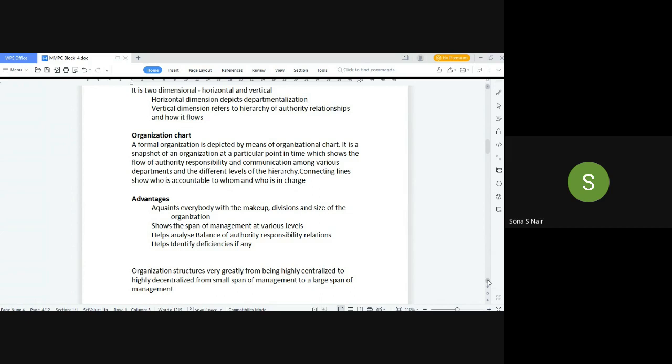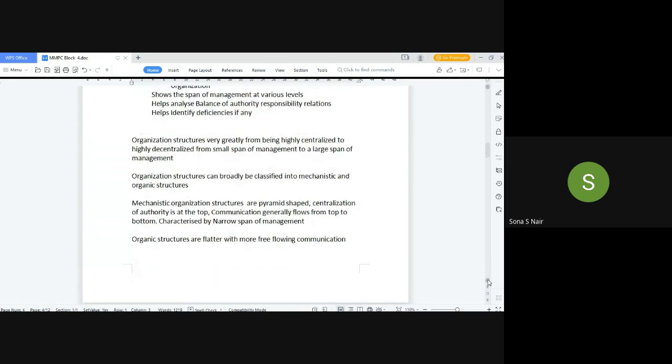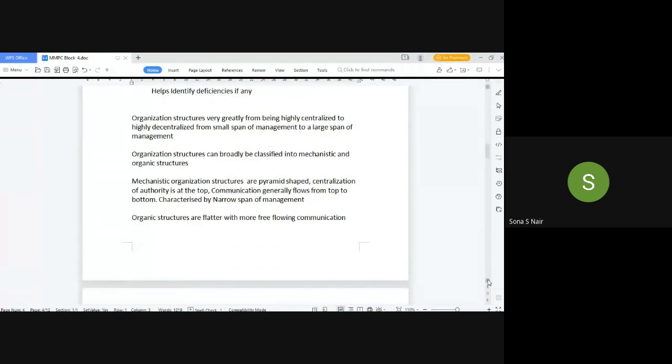Organization structures vary greatly from highly centralized to highly decentralized. So there is a wide variety of organizational structures that we can see in the practical world. They can be mechanistic, in the sense that they are very rigid, like generally what happens in government structures: very mechanistic, very pyramid shaped, with centralization of authority at the top.